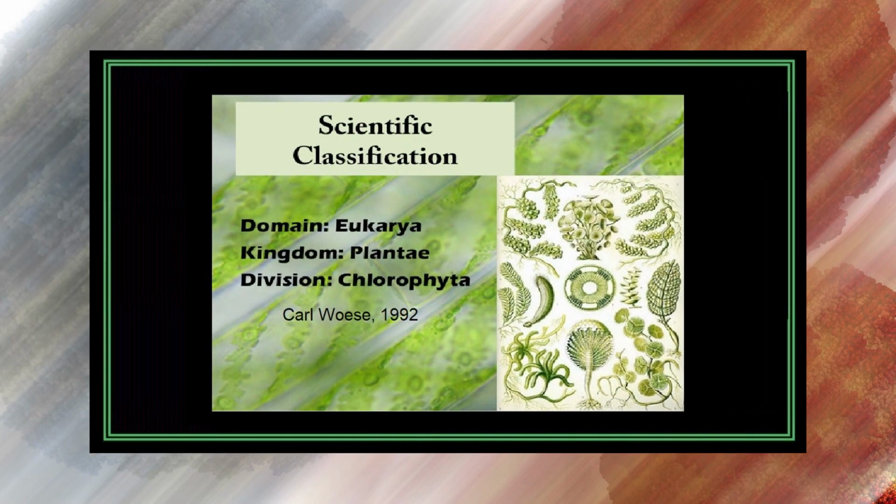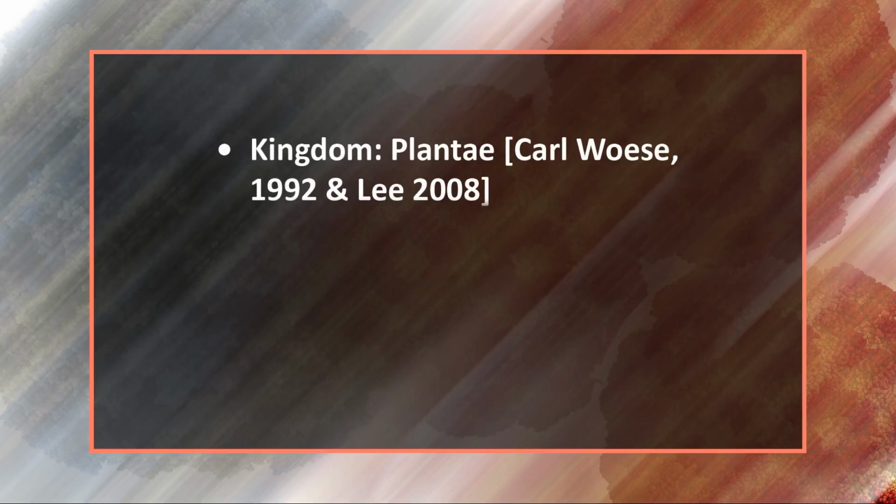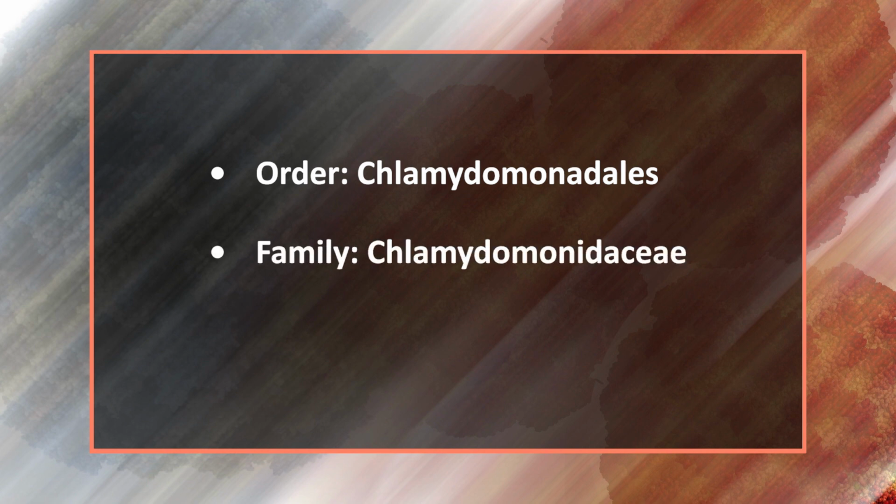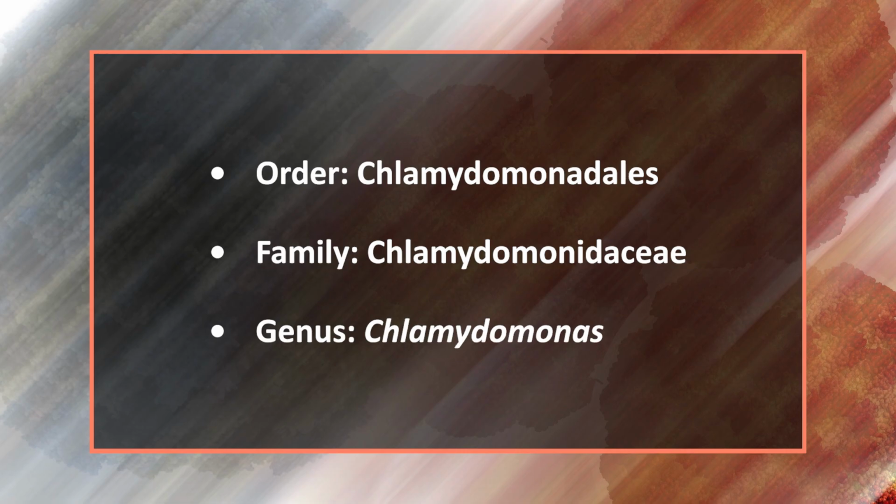However, due to its close resemblance with plants, most biologists place it in division Chlorophyta of kingdom Plantae. Therefore, it belongs to kingdom Plantae, division Chlorophyta, class Chlorophyceae, order Chlamydomonadales, family Chlamydomonadaceae, genus Chlamydomonas.